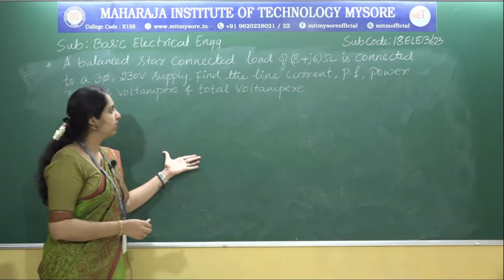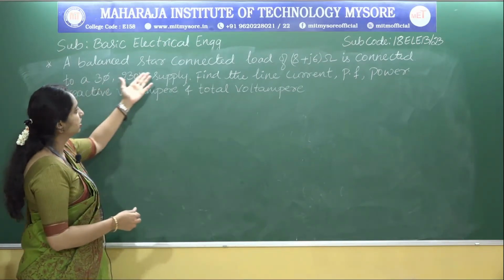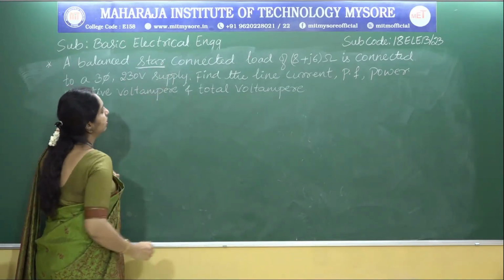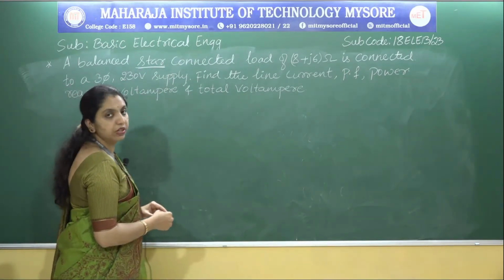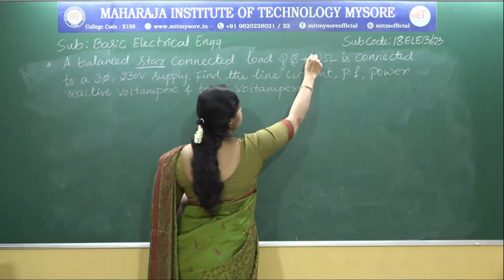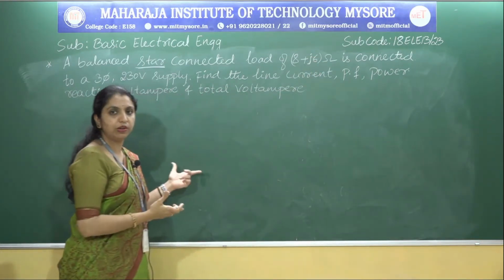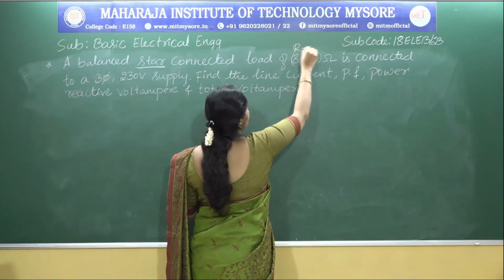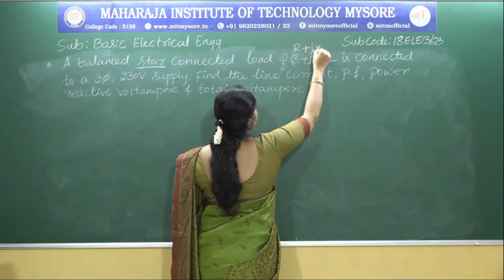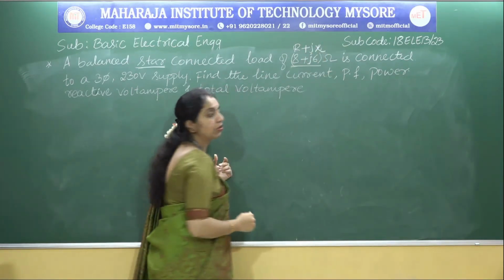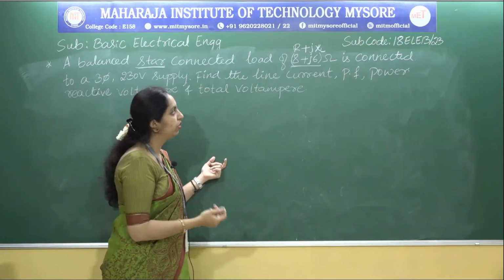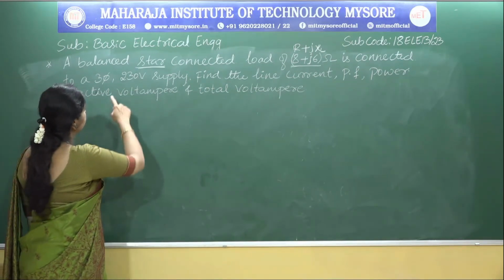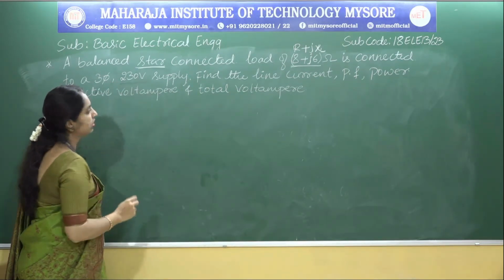In the next problem, you can read out the problem. A balanced star connected load. Remember, the connection is star connection. Load of 8 plus j6. That means the load value is provided, in the form of R plus j XL. This is connected to a three-phase, 230 volts supply.